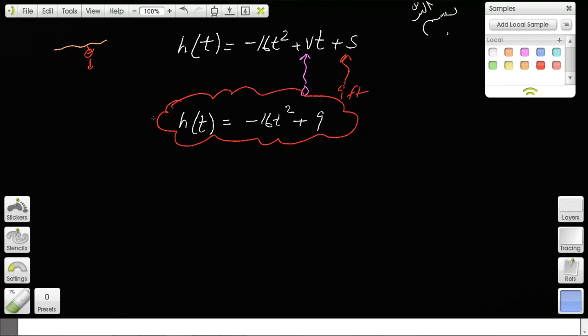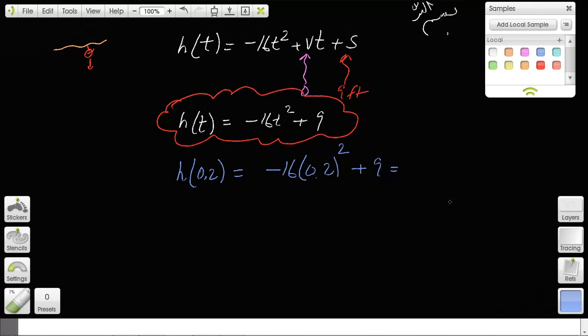Now we were asked to find out how high the cherry will be after 0.2 seconds. That's easy enough. You just plug in. That's basically asking what is h of 0.2. That's negative 16 times 0.2 squared plus 9.